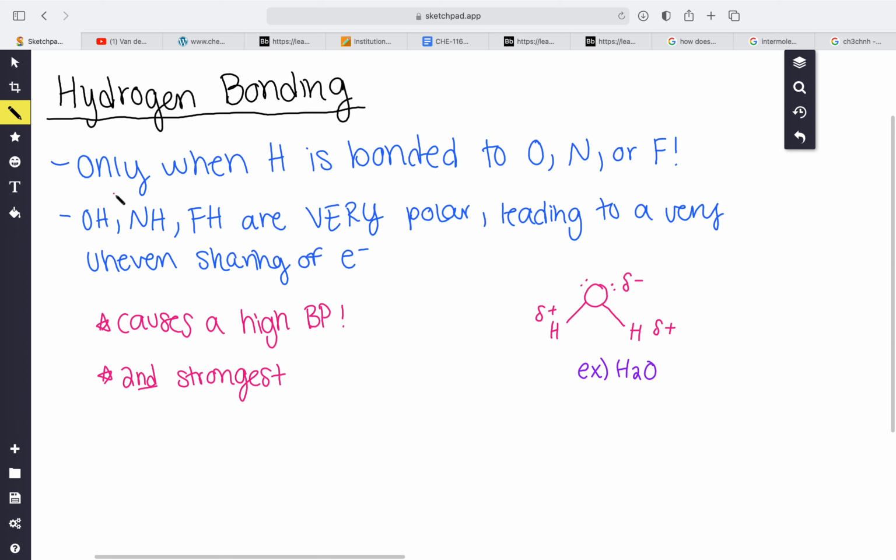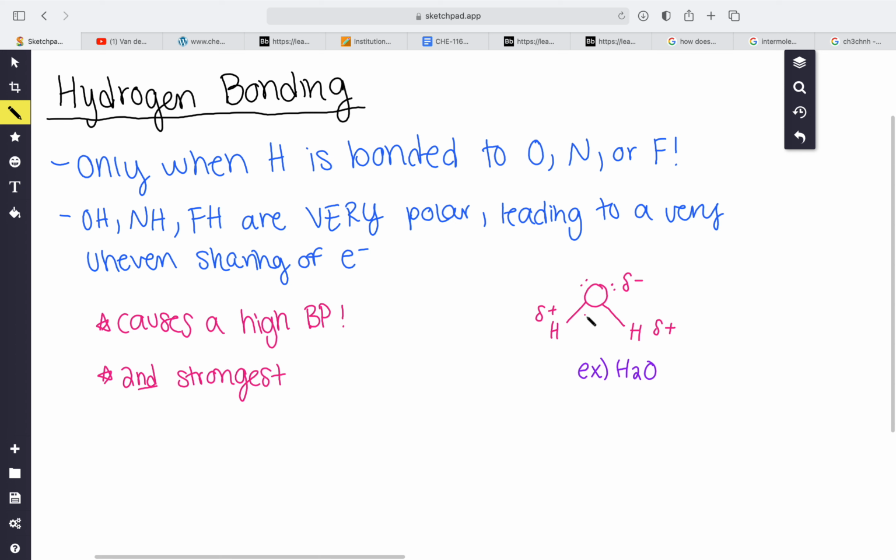Hydrogen probably is the lowest, but either way, when you have something that is also electronegative, it's going to make a very polar bond, right? And because the bond is so polar, it leads to a very uneven sharing of electrons.